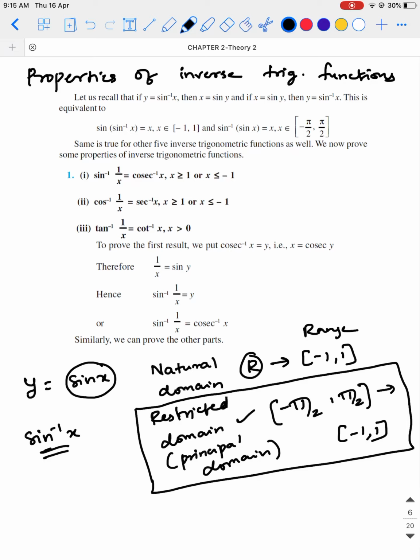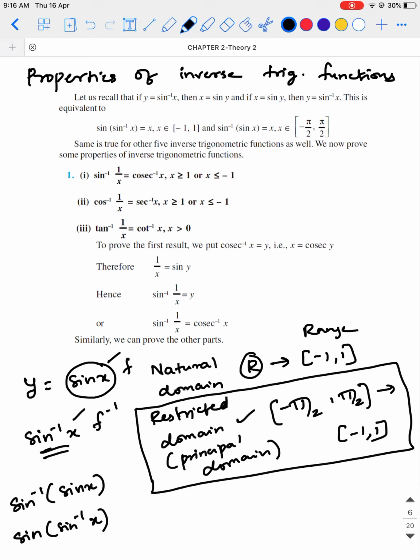So sin inverse x can be defined in such a way that we can do two kinds of operations between sin x and sin inverse x. If sin x is taken as f, then sin inverse is f inverse.